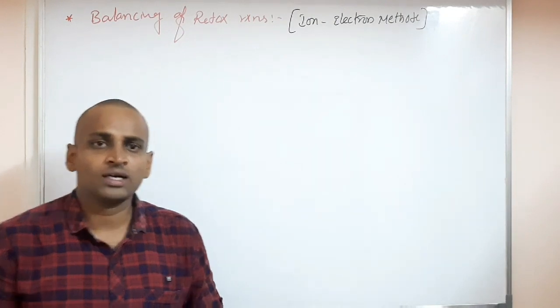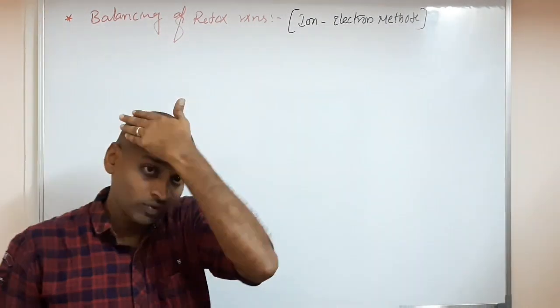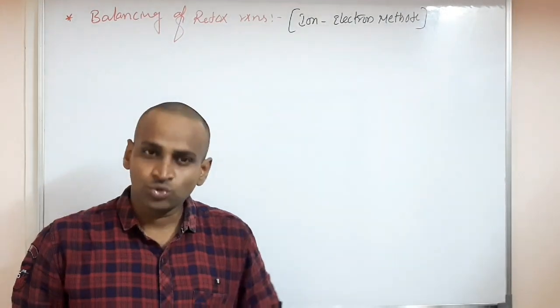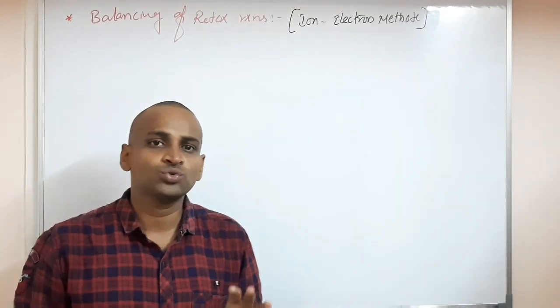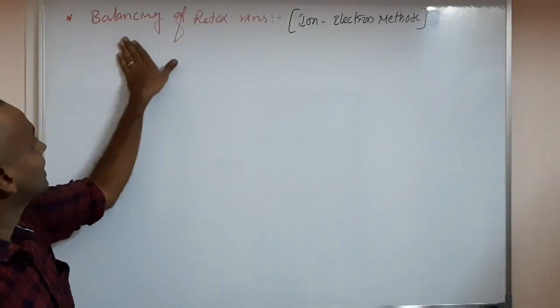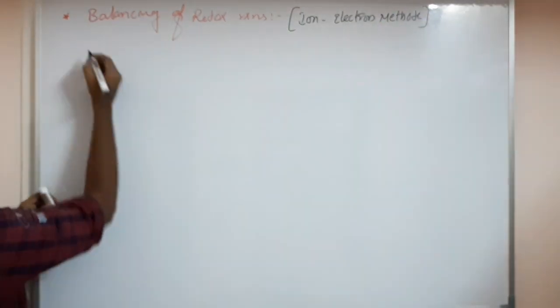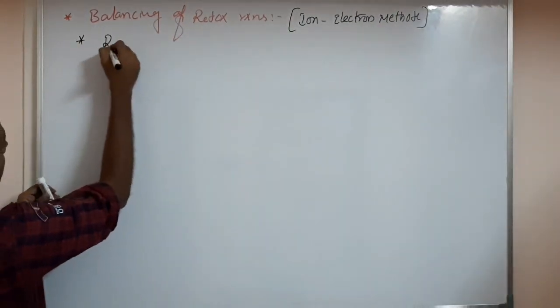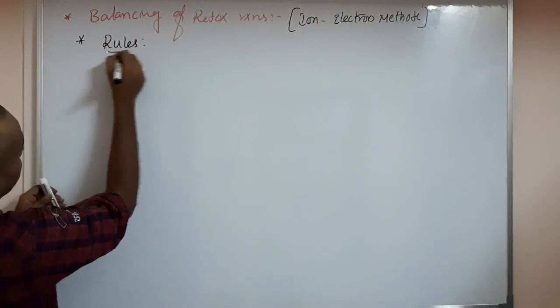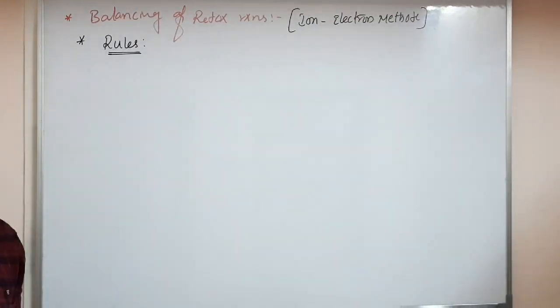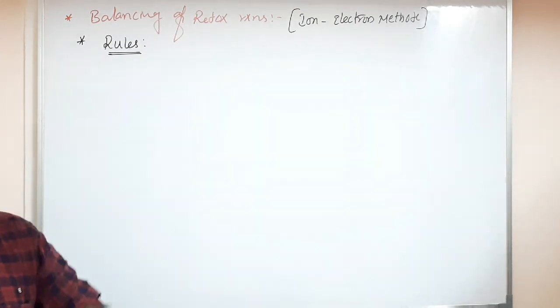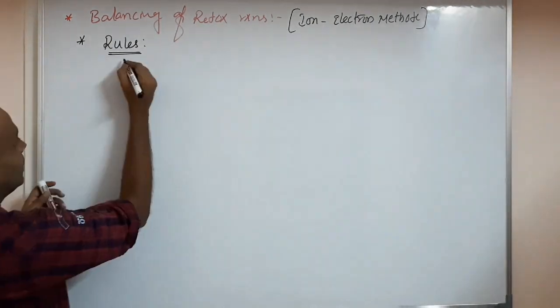So hope everyone understood the types of redox reactions. Now, how to balance those redox reactions, let's see, by the ion electron method. To understand balancing of redox reactions, we should know a few rules one by one.